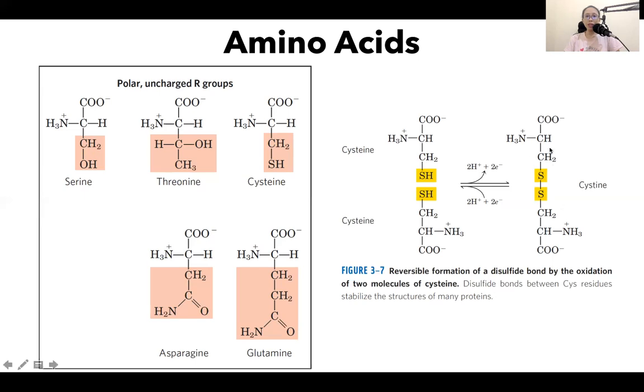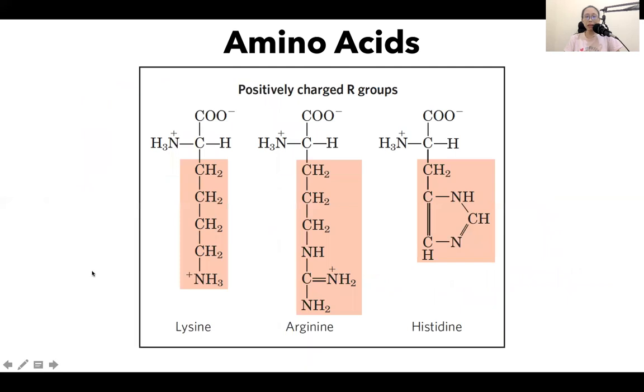And again, just like proline, this formation of the disulfide bond leads to a significant consequence in the structure of your proteins.